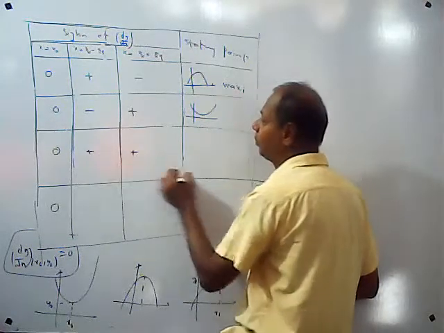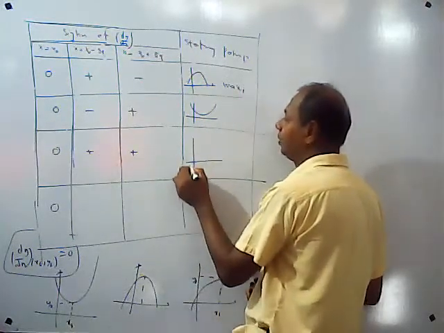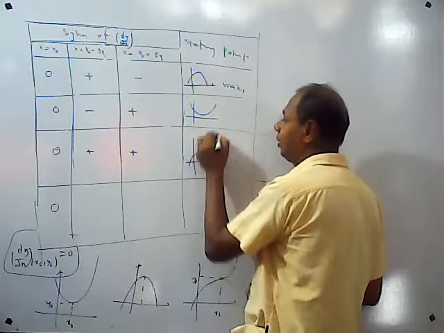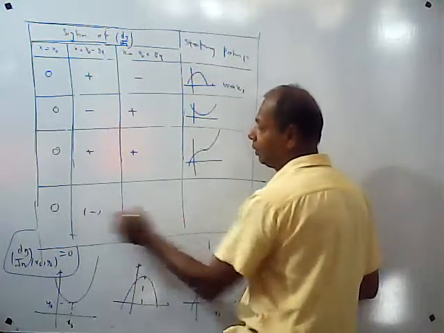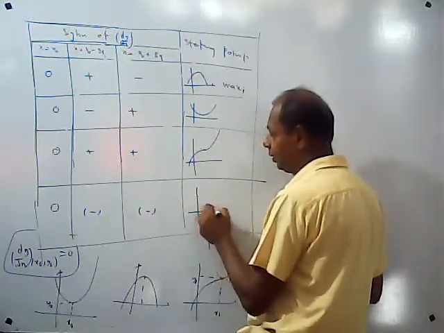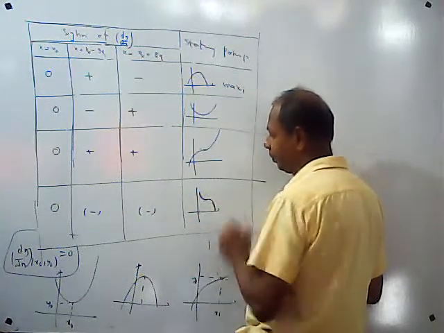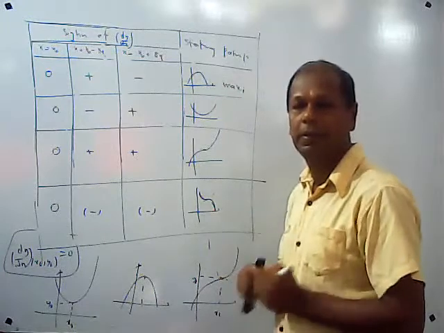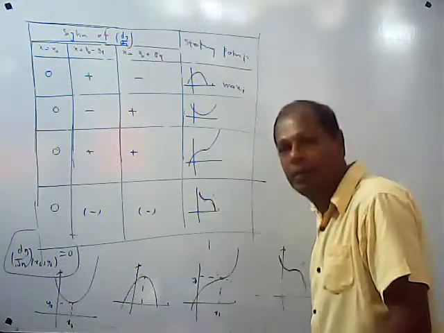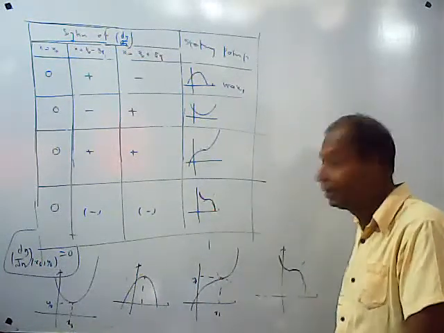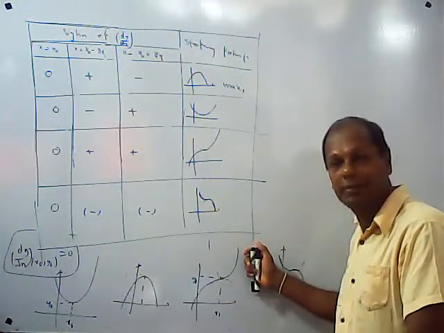Positive and positive, it's an increasing inflection. Negative and negative, it's a decreasing inflection, right? And we did some examples for this also, and this is where we stopped in the Thursday class.